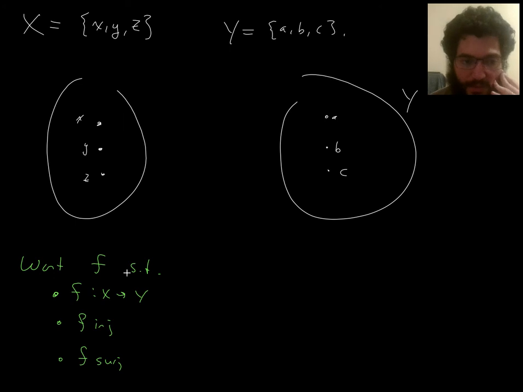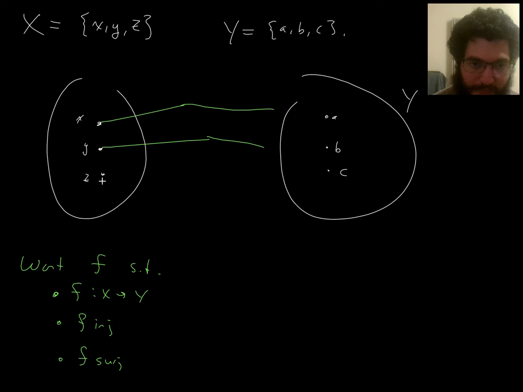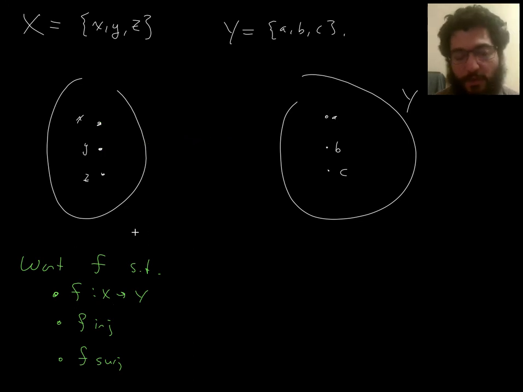So f maps X to Y, this can be guaranteed by just drawing any connection of edges from here to here, as long as it's a function, and a function means I don't do things like this, where multiple arrows come out of the same place. And secondly, I have to make sure that everything from here gets some arrow coming out of it. So I cannot do something like this, send these over somewhere, and then leave something isolated with no arrow coming out of it, because if I did that, then the domain would not be X, right? So to have this first bullet point, those are the rules I'd have to follow.